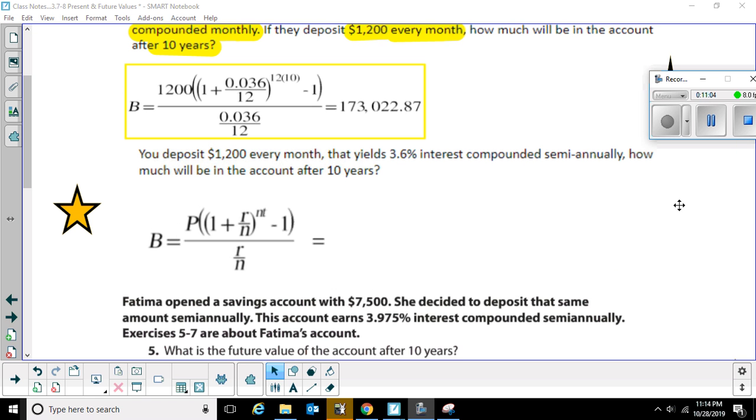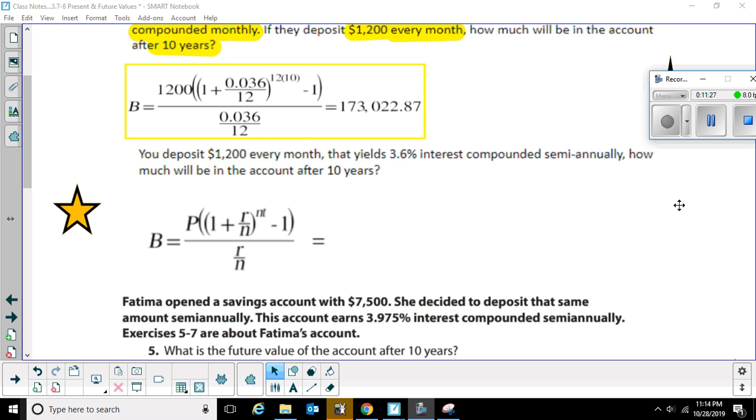So in our next question, it says that you deposit $1,200 every month, and it yields 3.6% interest, and it's being compounded semi-annually. So annually means once, semi-annually means twice. How much will be in the account after 10 years?